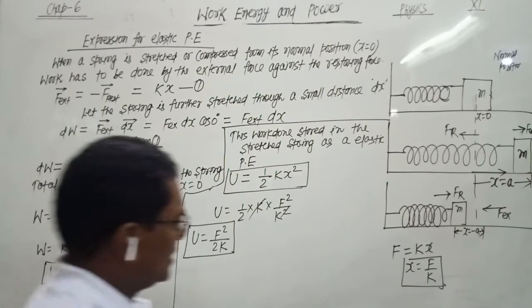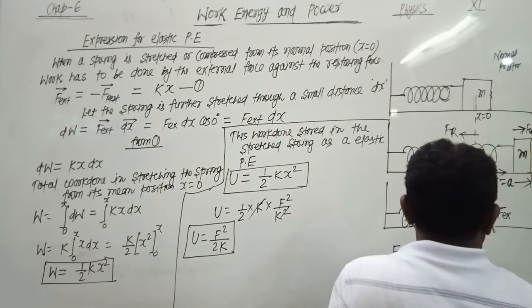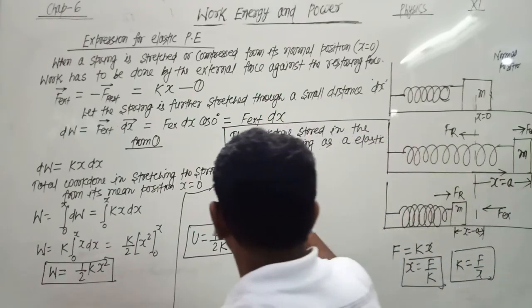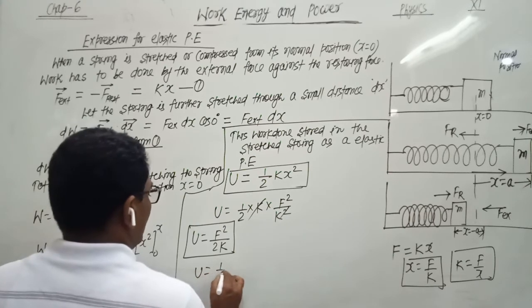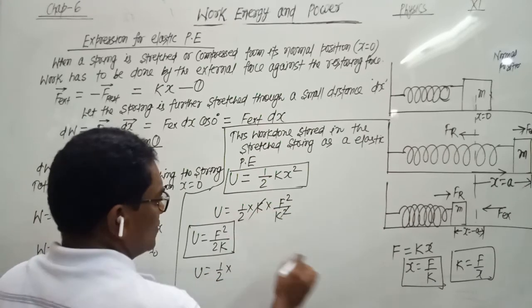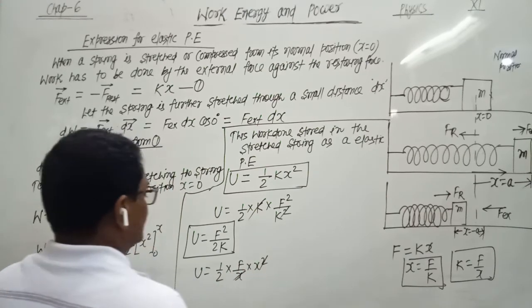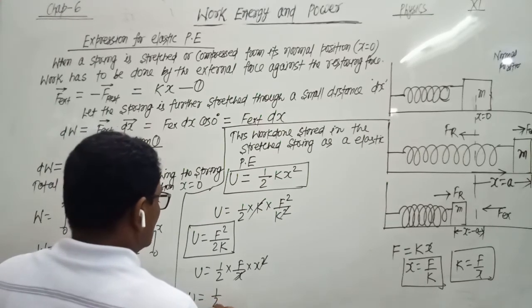Now k is equal to F by x. When we put the value of k equals F by x, then U equals 1 by 2, and the value of k is F by x into x square. One x cancelled, and U equals 1 by 2 Fx.